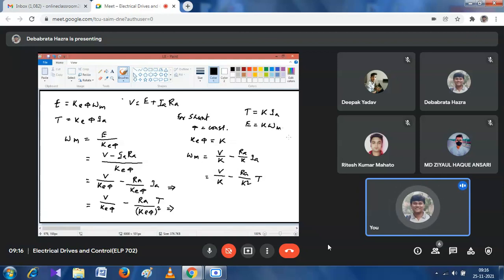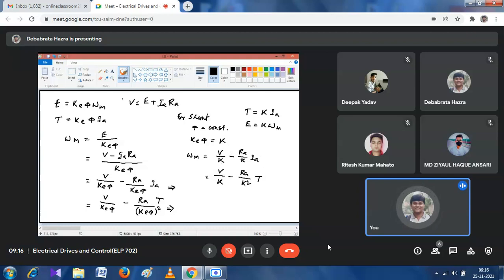We can also write like that the torque and the EMF for shunt motor, if we consider phi is constant. So Ke into phi, this should be another constant which is denoted by K, and replacing Ke into phi by K, we get these four equations.